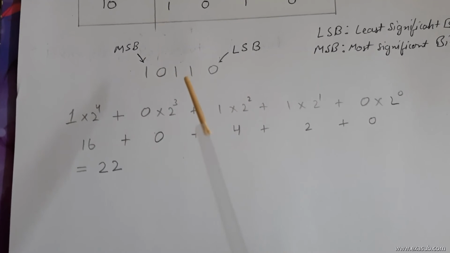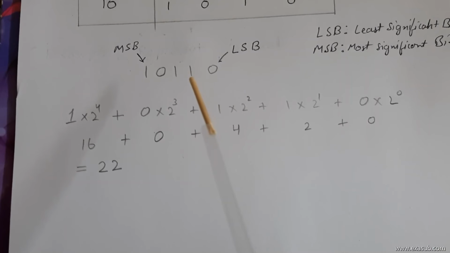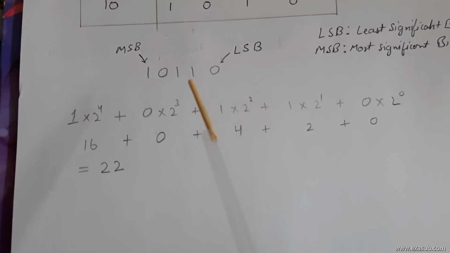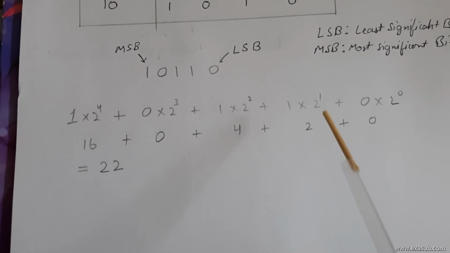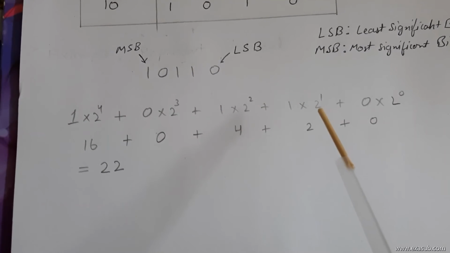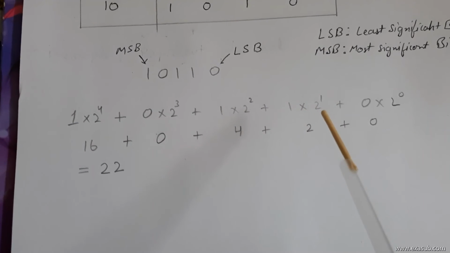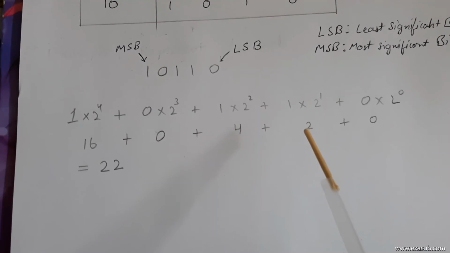Now the next digit after the LSB is 1, and its positional value is 1, so its weight is 2 raised to the power 1. So 1 is multiplied by its weight, which is 2.